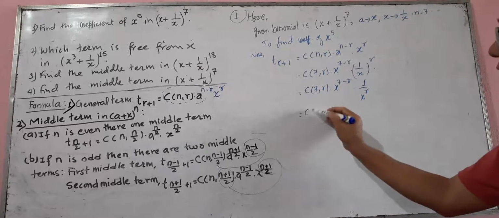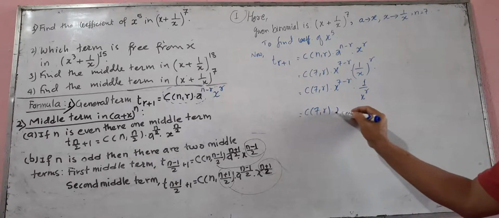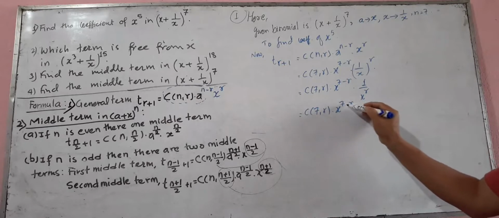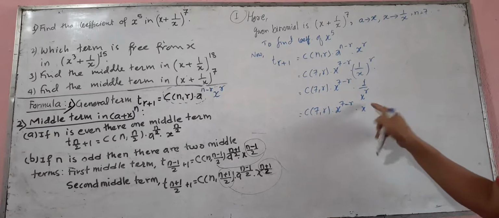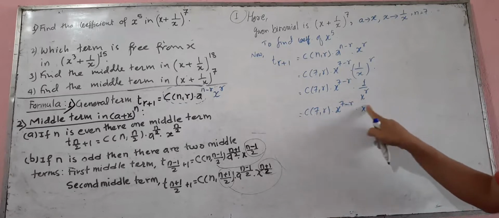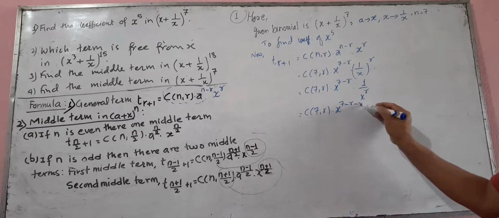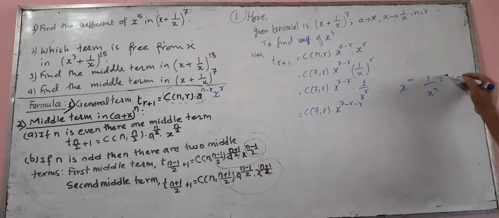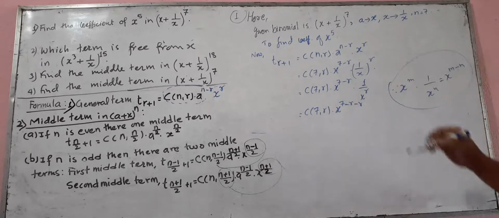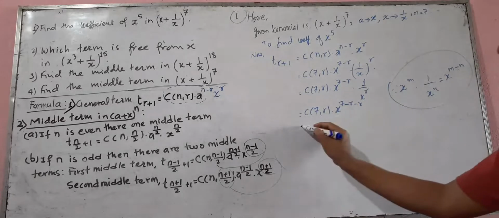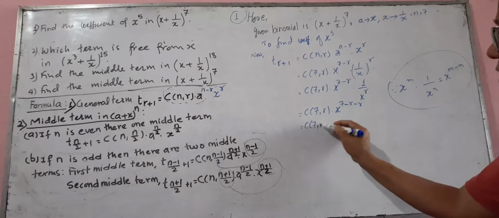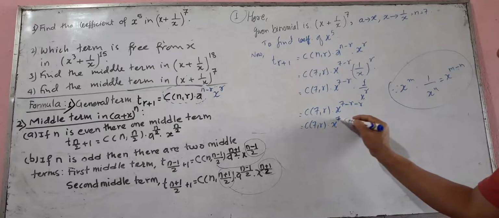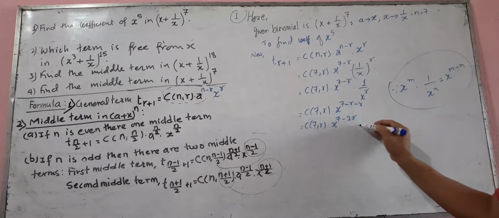So on simplification, C(7,r) times x^(7 minus r), and this is the same denominator, so we write here r, because x^m times 1 by x^n equals x^(m minus n). Remember this rule, the law of indices. So C(7,r) times x^(7 minus 2r).